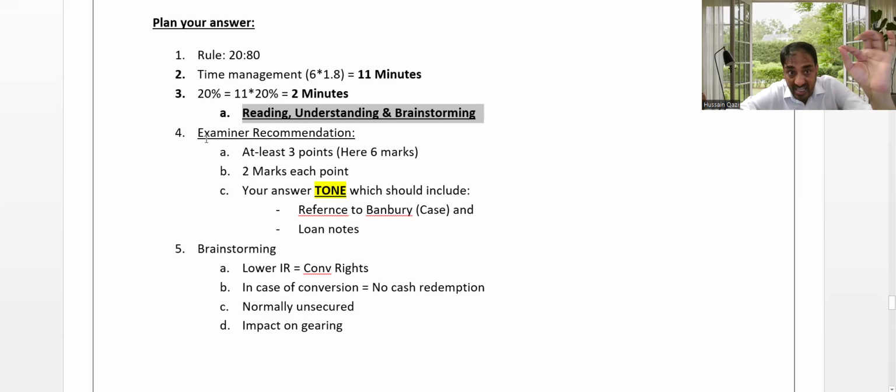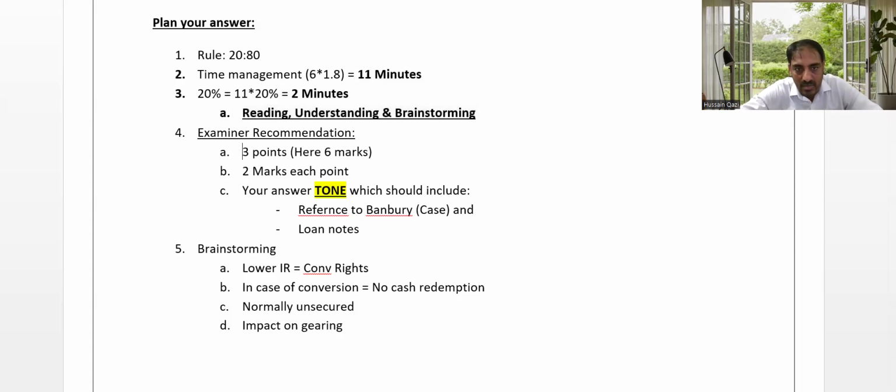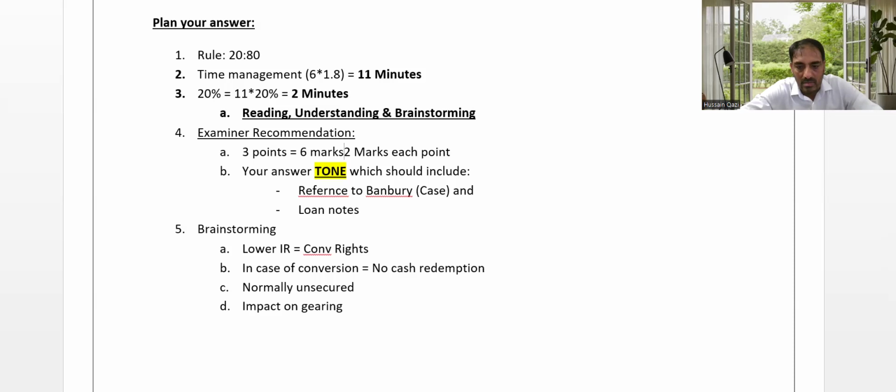The examiner report recommends at least 3 points here, maximum 3 points. No need to mention 4 or 5 points. 3 points, 6 marks, two marks each point. And then the tone of your answer.